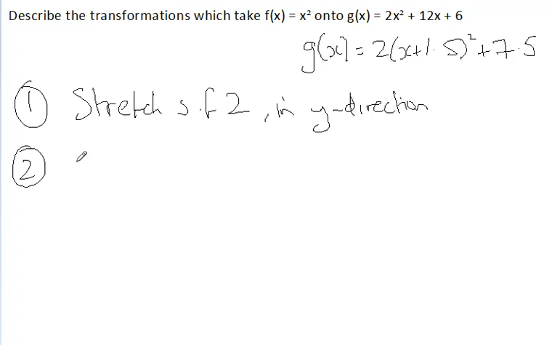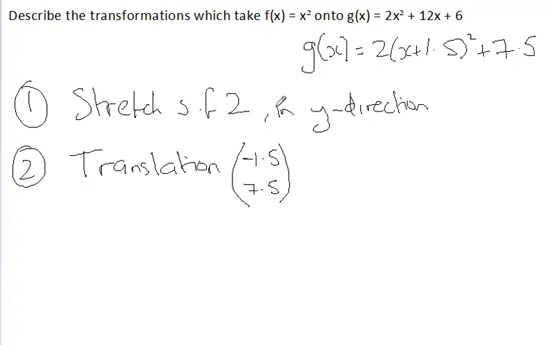And then I have translations, and I can describe this translation in one go, because this is a translation of 1.5 units to the left, so that's minus 1.5, and this is 7.5 up, so we can put 7.5 there. So both of these transformations describe this transformation here.